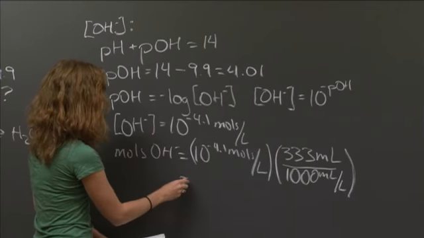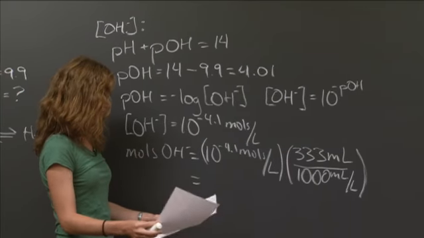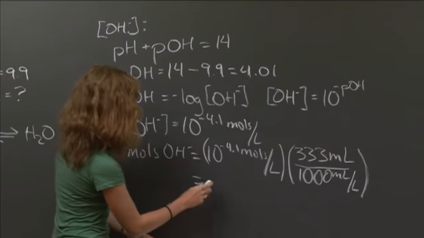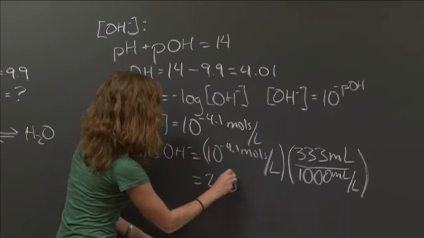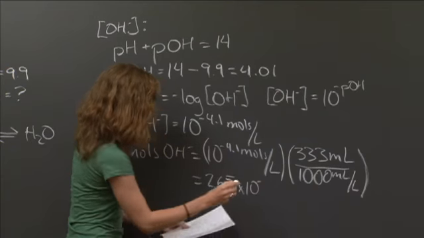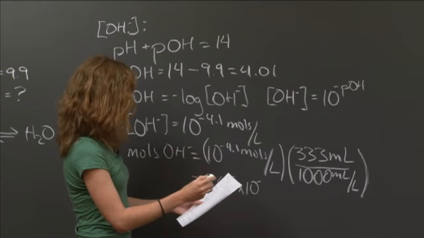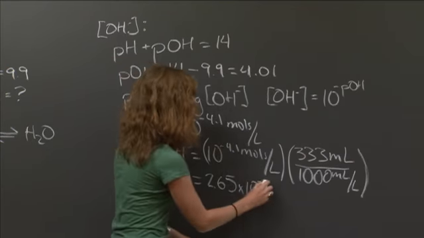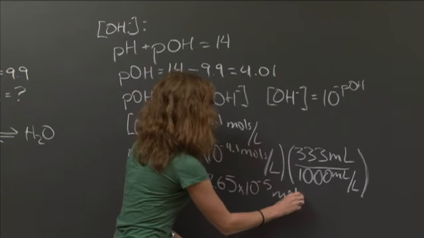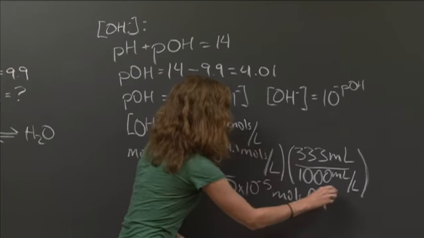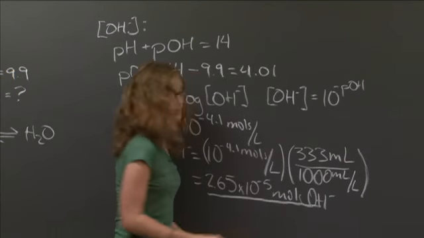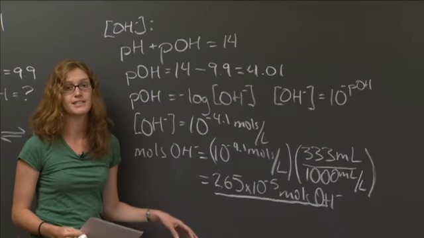And this gives us 2.65 times 10 to the negative 5 moles of OH minus in solution. So that's just the first step of this problem.